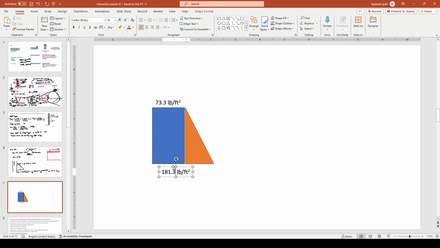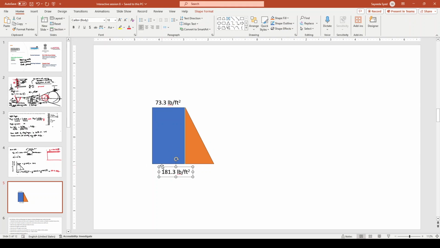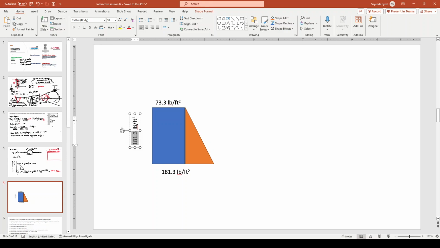and we know the height we are taking is only for the sand, because we are not considering the clay here. So this will be 3 meter.